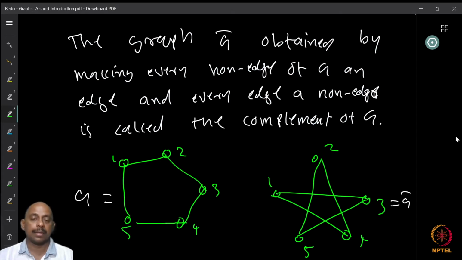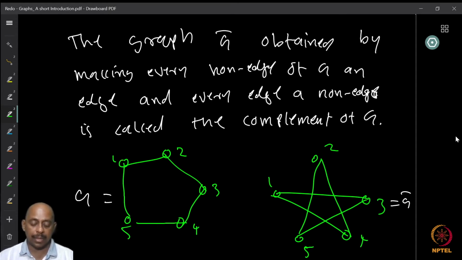Now, here is another example of an isomorphism. I have the graph G here, with vertices 1, 2, 3, 4, and 5. And then I have this other graph, G bar, drawn as 1, 3, 5, 2, 4, and back to 1.